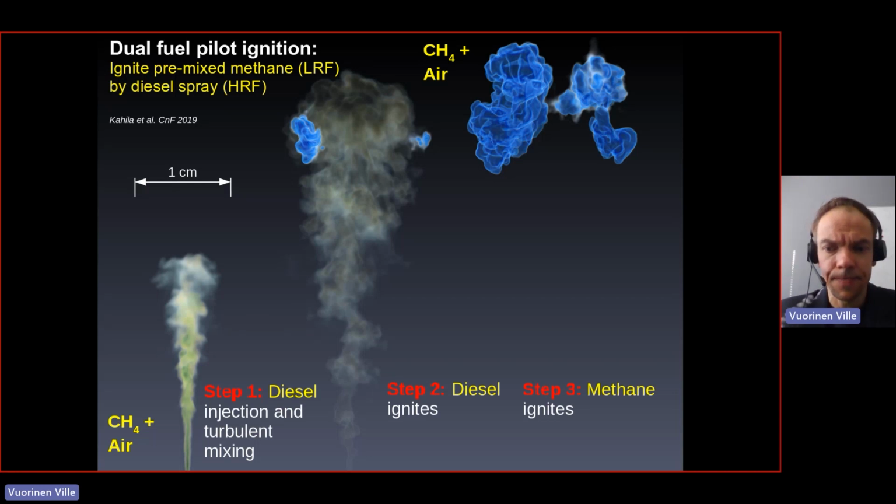And then finally, in step 3, the methane ignites. In the ambient around the spray, we have a premixed methane-air mixture. So this is the dual-fuel pilot ignition, spray-assisted ignition problem.